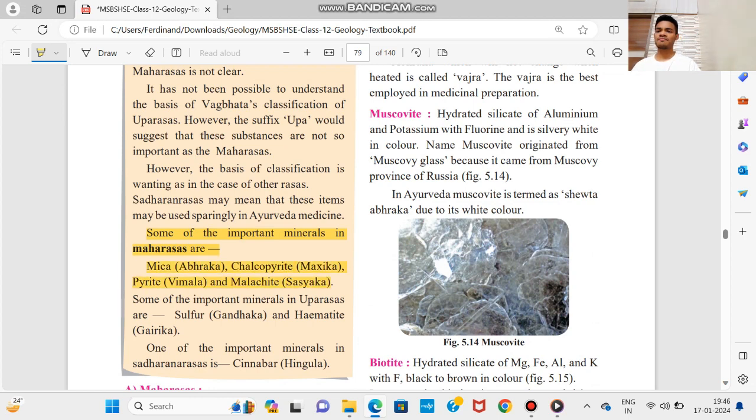Some of the important minerals in Uparasas. This was Maharasas, and Uparasas is sulfur and hematite, Gandhaka and Gairika. And in Sadharana Rasas, cinnabar. Sorry, I'm a little bit ignorant of the language. Maharasas: first is mica, chalcopyrite, pyrite, and malachite.